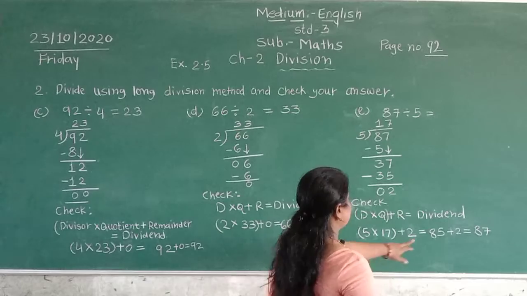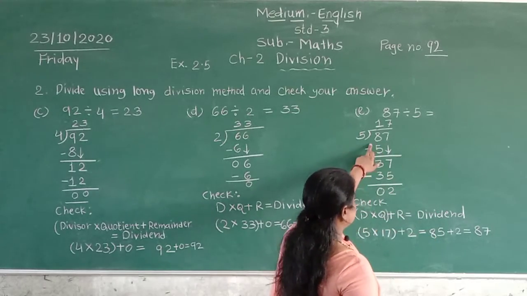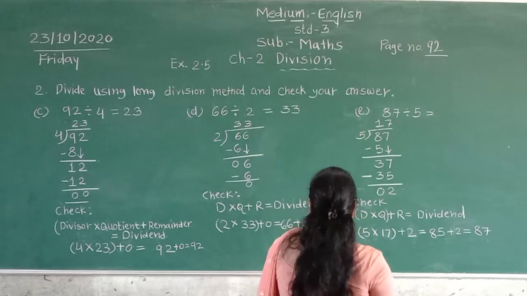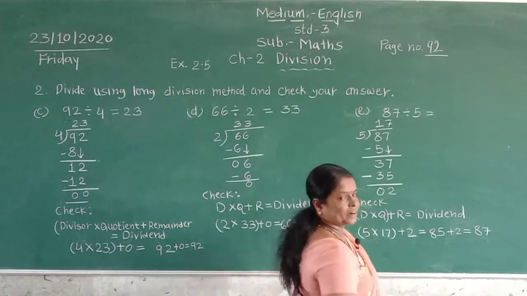Now 87 and here also 87. So our sum is correct.